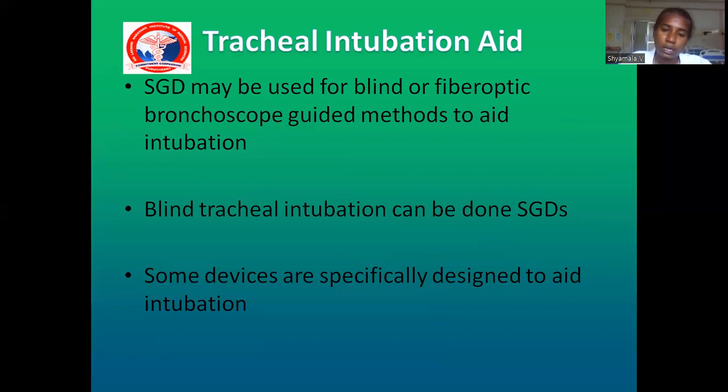Once the endotracheal tube goes through the vocal cords into the trachea, with the help of a guide wire you can remove the supraglottic airway device. Then the endotracheal tube is already placed along the guidance of the supraglottic airway device. So it can be used as a tracheal intubation aid.